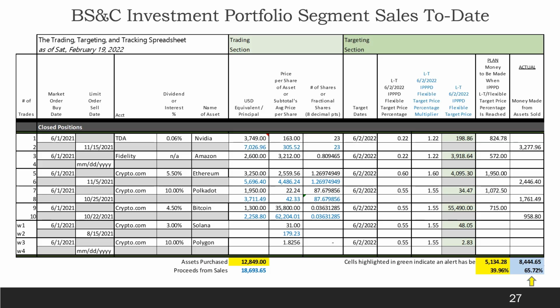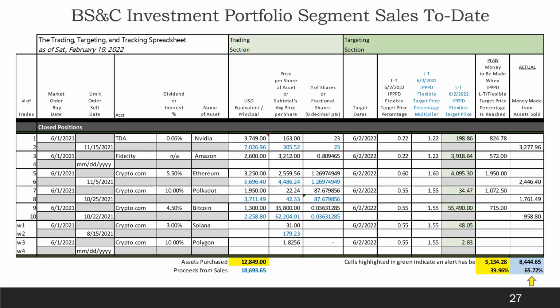Look at the bottom of the USD equivalent principal column. Proceeds from sales to date, $18,693.65, minus assets purchased, $12,849, equals a profit to date of $5,844.65.